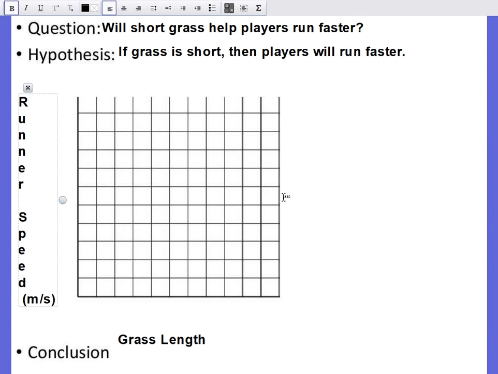And then I need to set up all of my labels for short, medium, and long. So I'm going to start with short. I'm going to use medium. And long.